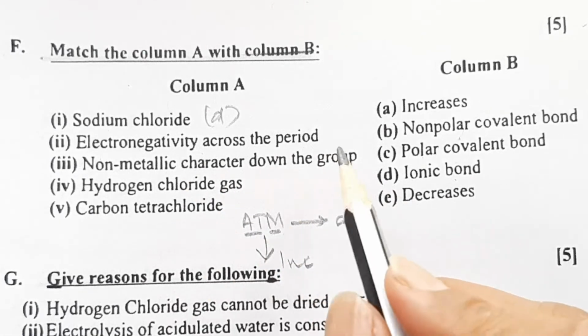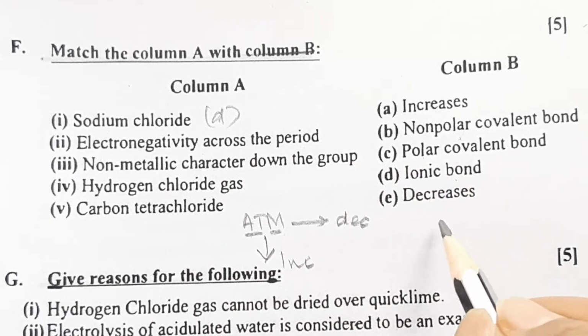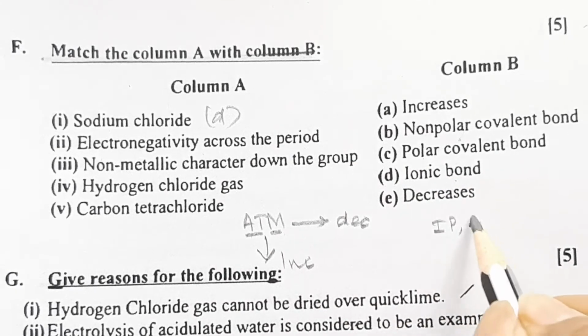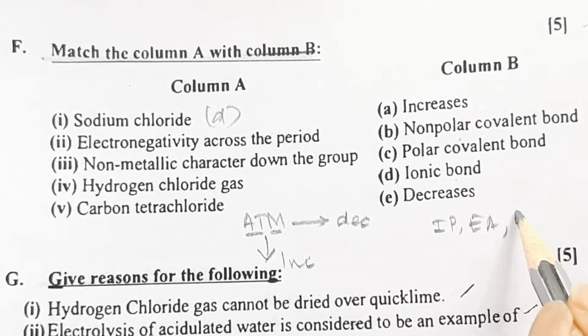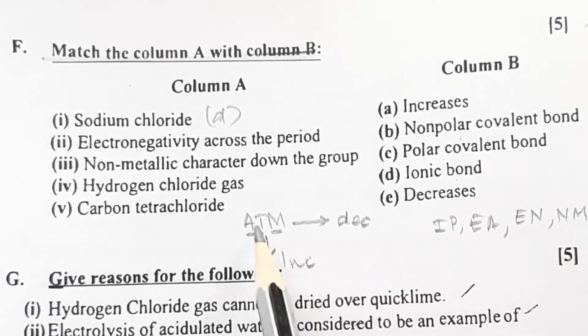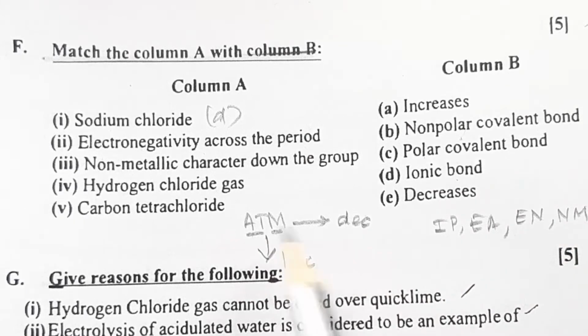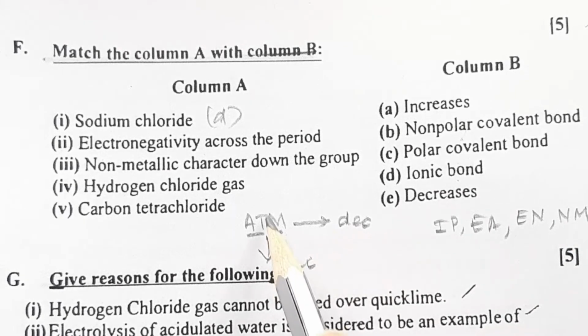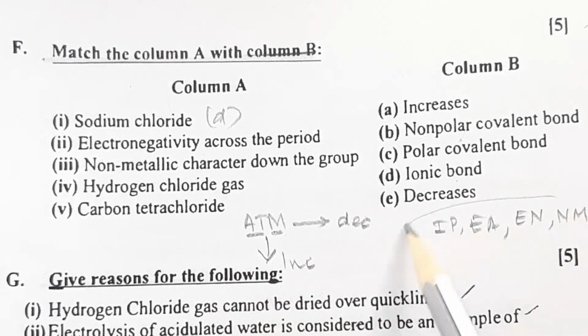So every other property, which is your IP, EA, EN, and non-metallic character, these ones are going to increase across the period because ATM is decreasing, and down the group ATM increases. So all these are going to decrease down the group.